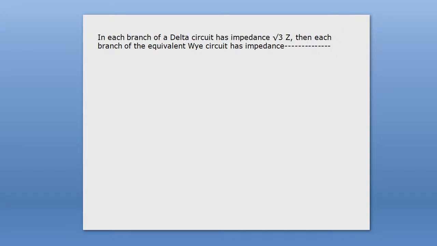In the last class we have discussed the concept of source conversion. Everyone use that concept and write the expression of impedance for Y circuit. So let me write the expression of Y circuit impedance in terms of delta circuit impedance.